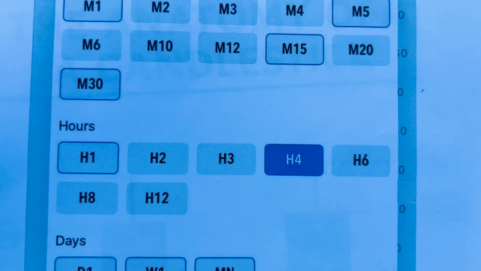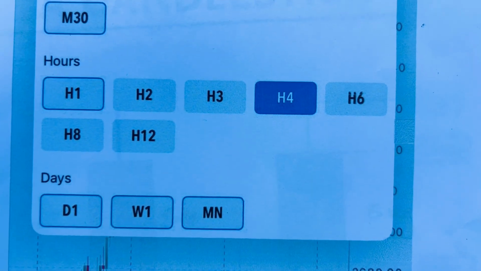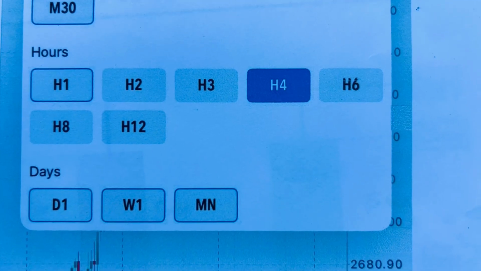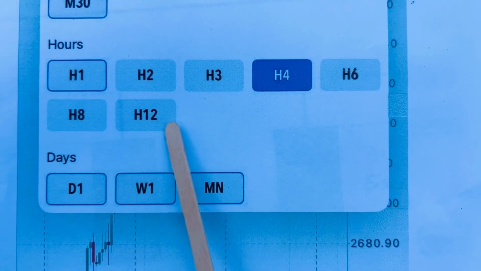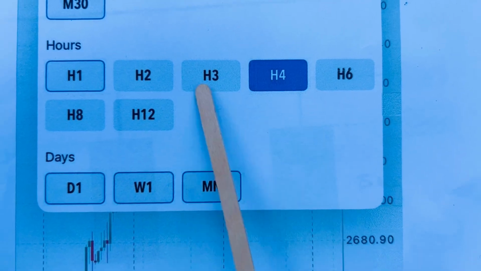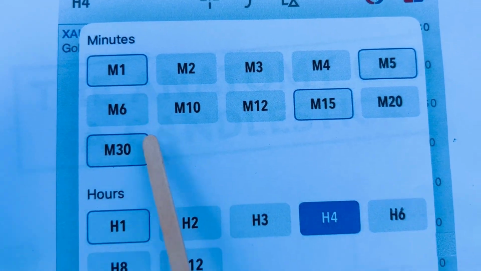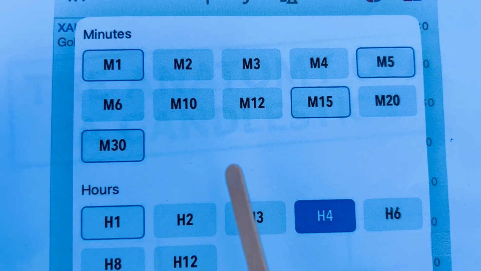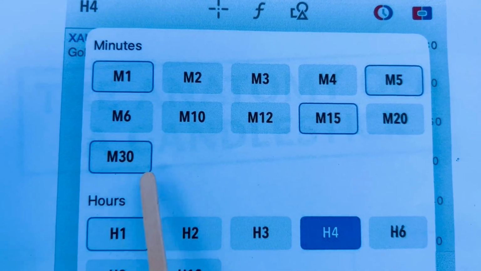Now, H1 to MN are the time frames for you to find direction. But to find direction, you start from MN, weekly, daily, H12, H8, and you go down. This time frame here, 1M to 30 minutes, is for you to find entries. When it comes to finding entry, you start from M1 to M30.